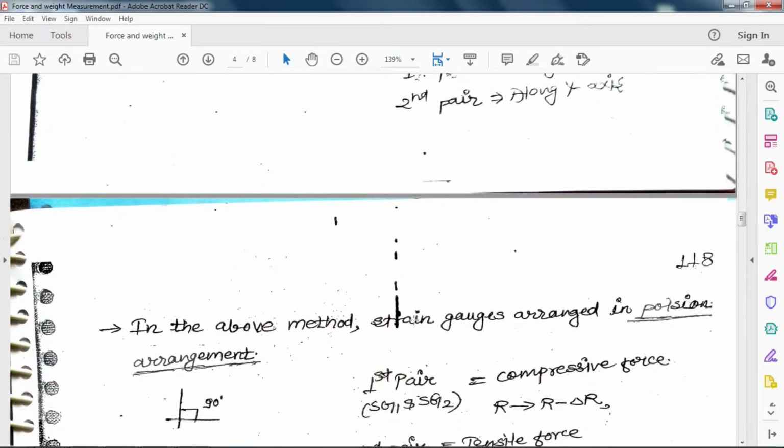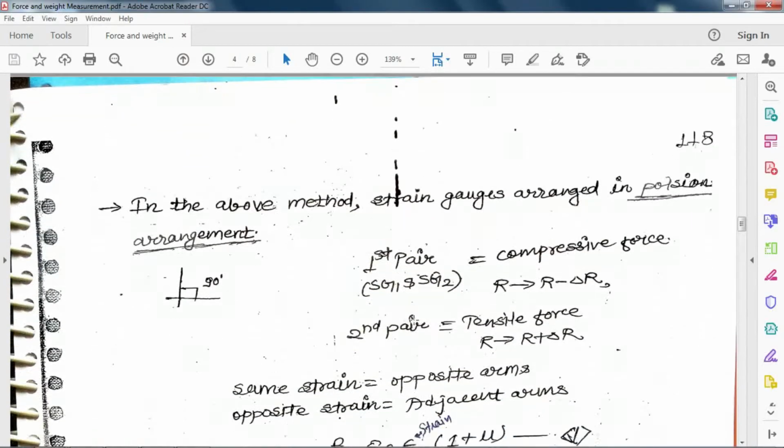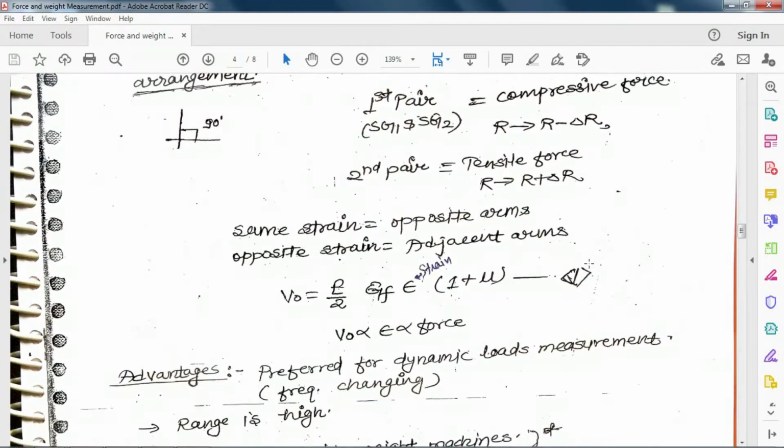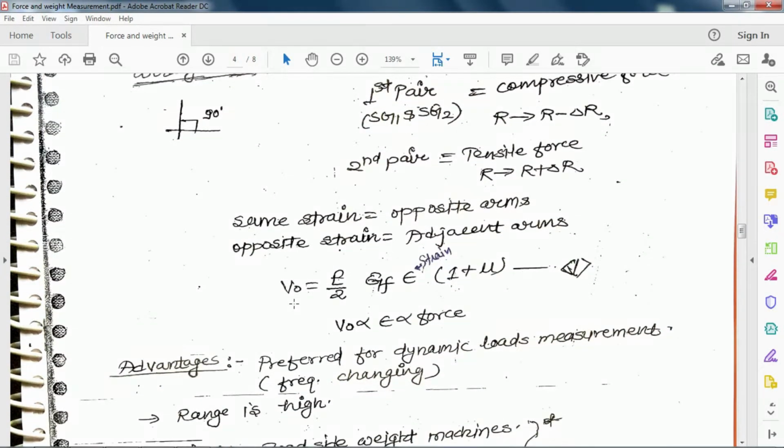In the above method, strain gauges are arranged in a Poisson arrangement, meaning this perpendicular arrangement. The first pair gives me compressive force, and the second pair gives me tensile force. So the arrangement is like this. The final output of this type of strain gauge is V0 equal to E, the input applied, times epsilon, my strain, divided by 2 into the gauge factor of the strain gauge, into 1 plus 2 mu.